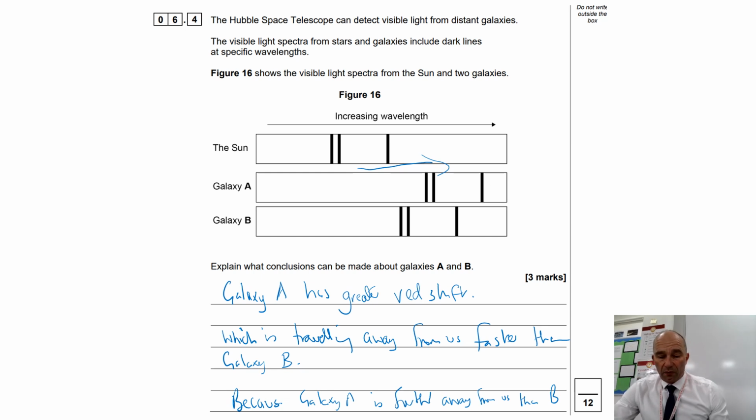So there's our 3 marks on that one. Redshift frequently comes up, so make sure you're happy with that. That's worth 12 marks. Hopefully you got 12 out of 12 on that one.